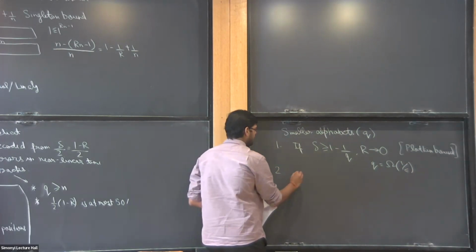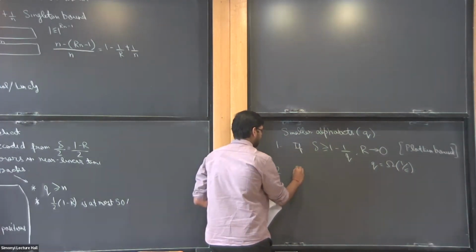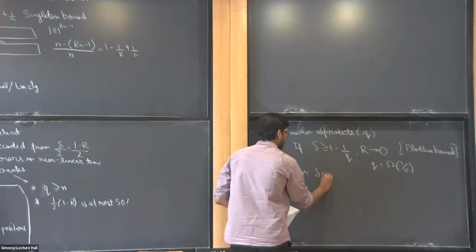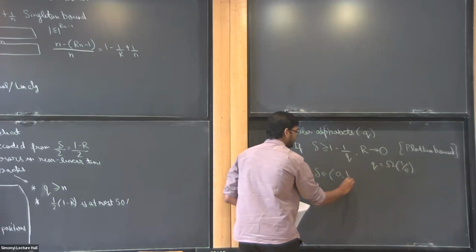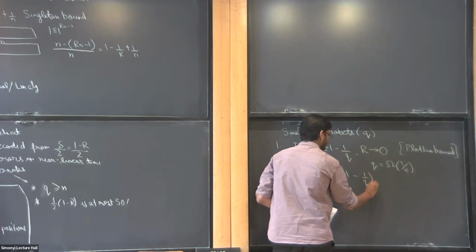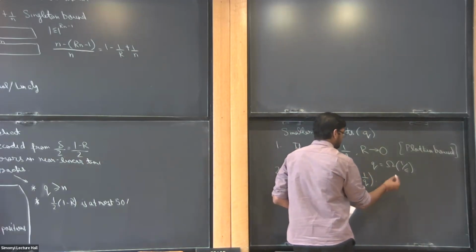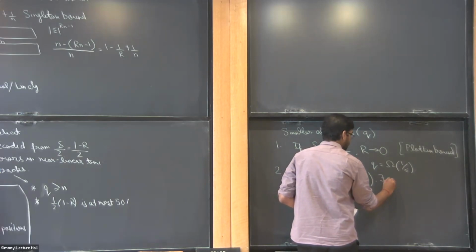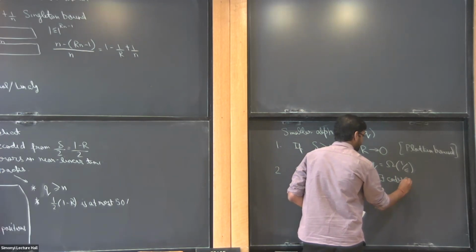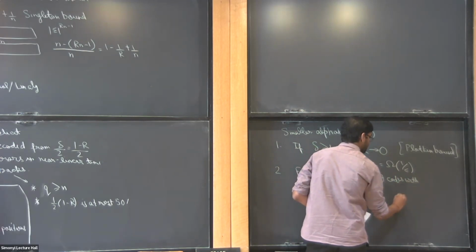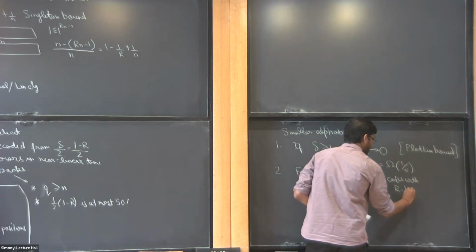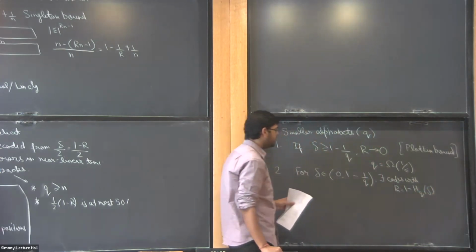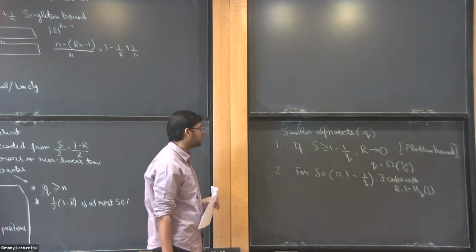Secondly, for delta less than this threshold, between 0 and 1 minus 1 over Q, there are codes with rate that is 1 minus the Q-ary entropy of delta.